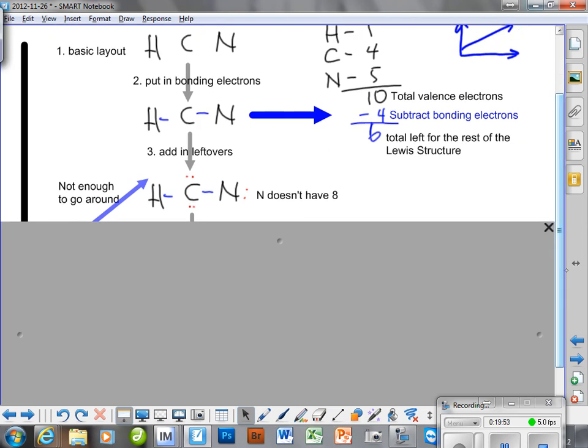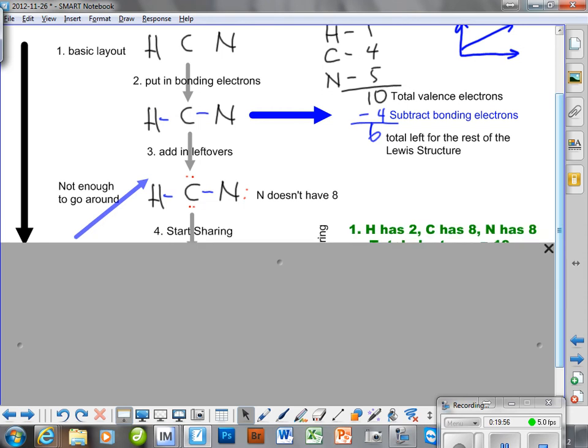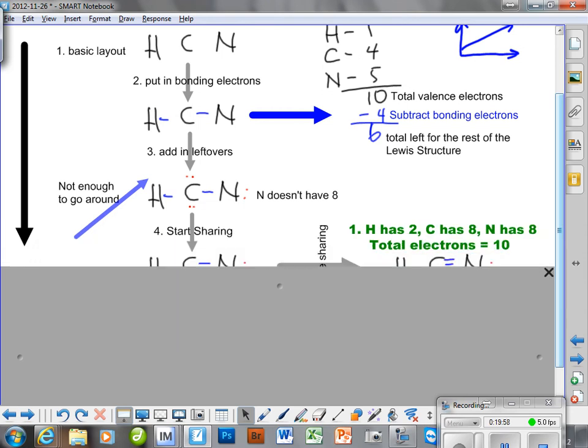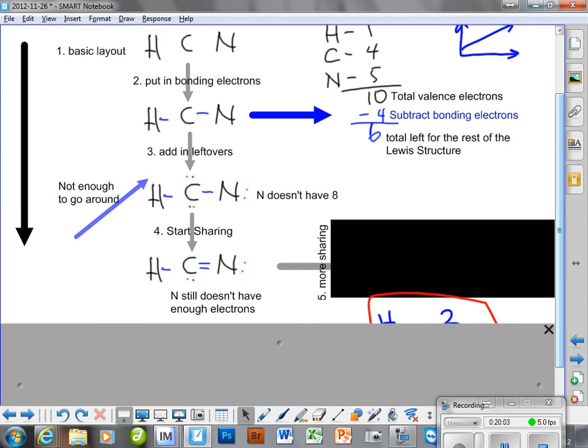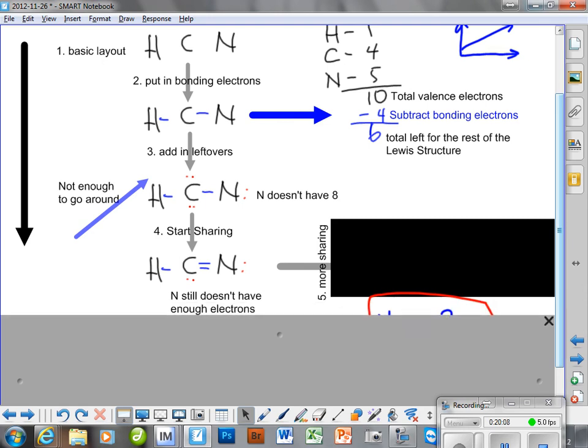So what we're going to do is come on down and we're going to start sharing. And to do that, let's get this covered so that we just are concentrating on the one thing at a time. So nitrogen still doesn't have enough electrons. Okay, he got an extra pair from the carbon up here, and he's better off because he has now 2, 4, 6, while carbon still has 2 that are unshared, 4, 6, and 8 total.